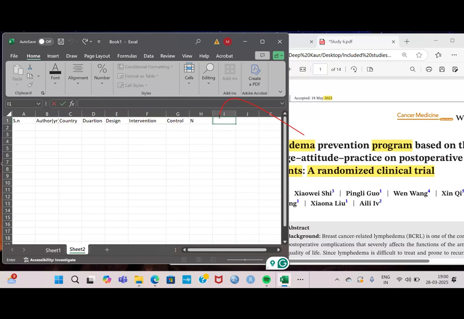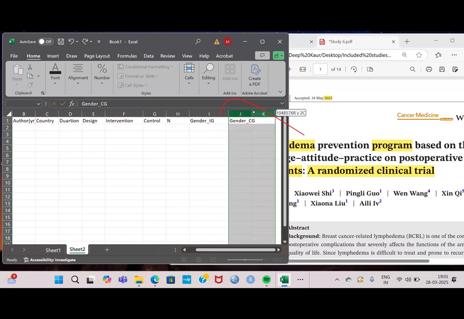You can add the gender also here if they have reported. So gender will be the males and females in the intervention group and in the control group also, so we have to make 2 columns. Gender for the control group. So IG means intervention group and CG means control group.